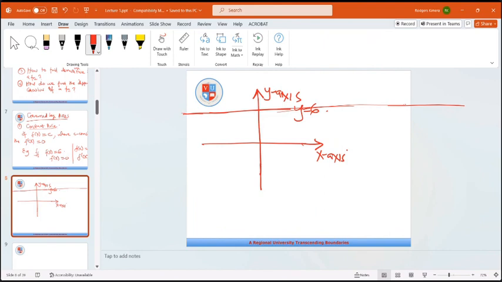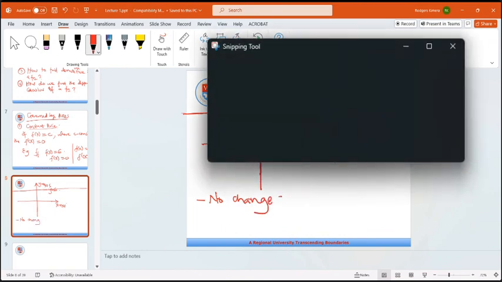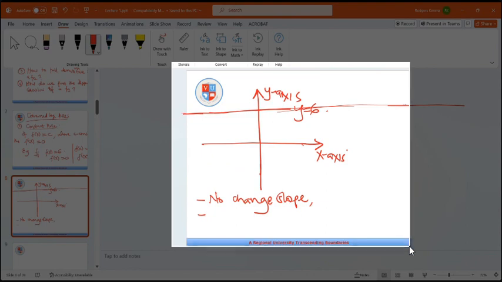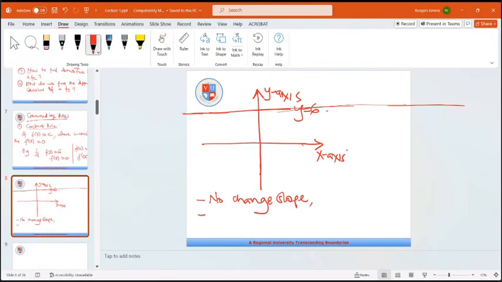A significant observation we are making: there is no change in slope. It is a constant. There is no change in slope, and the slope is a constant.